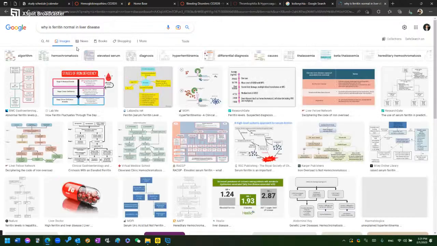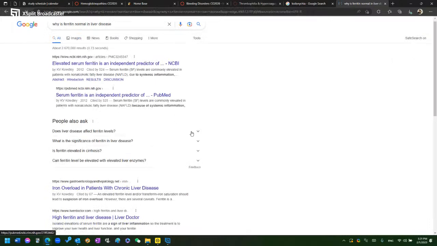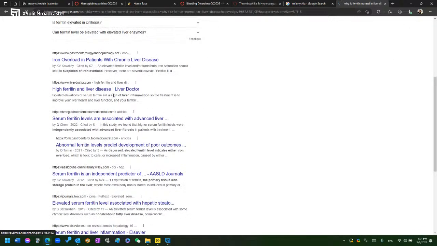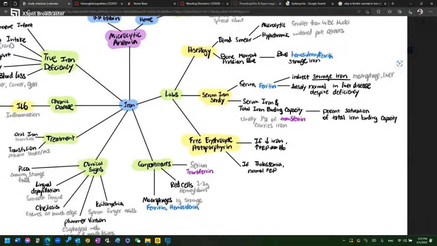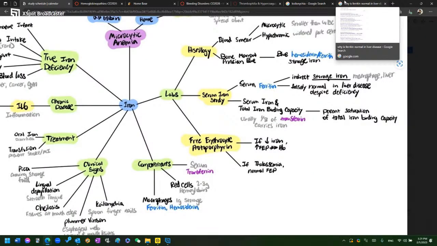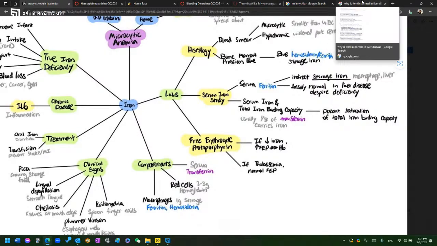I imagine this is a problem with the macrophages that are releasing the iron that they should be holding on to. Interesting.